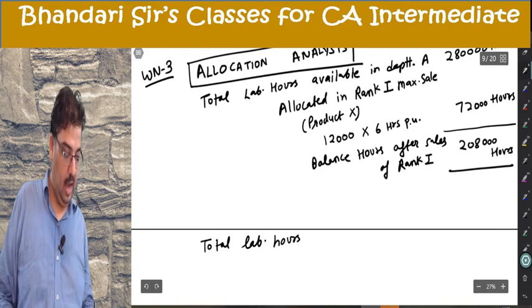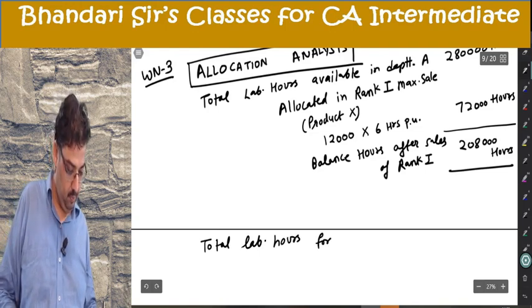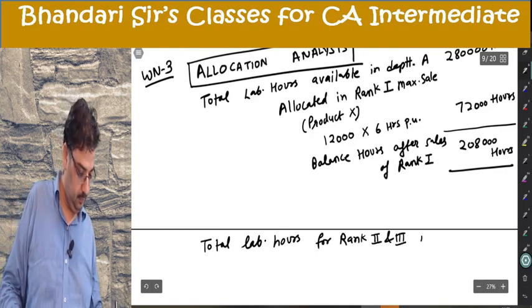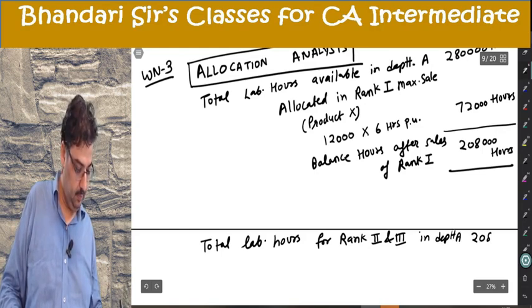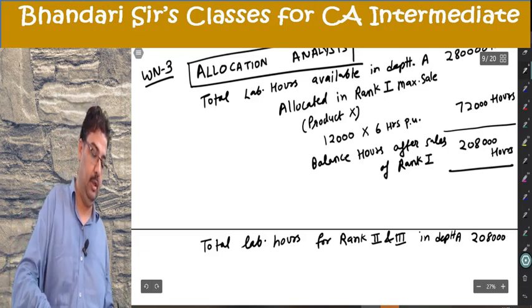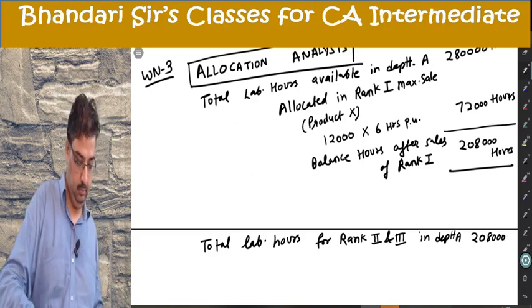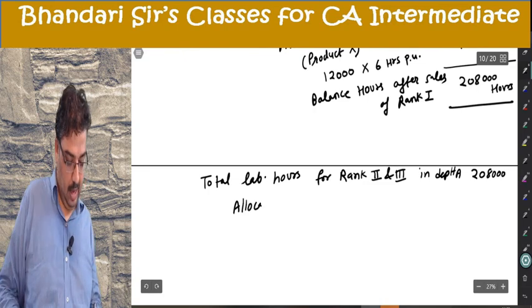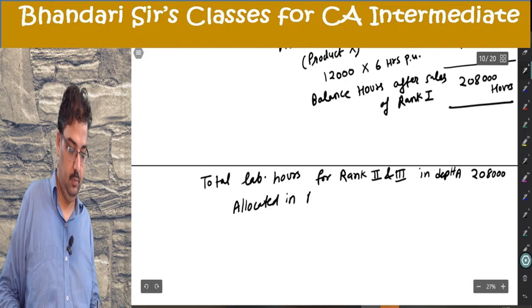Total labor hours for rank 2 and 3 in department A. 2,08,000 is available now. Allocated in rank 2, product Y maximum sales.